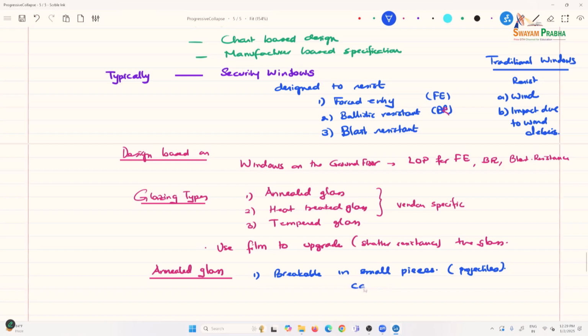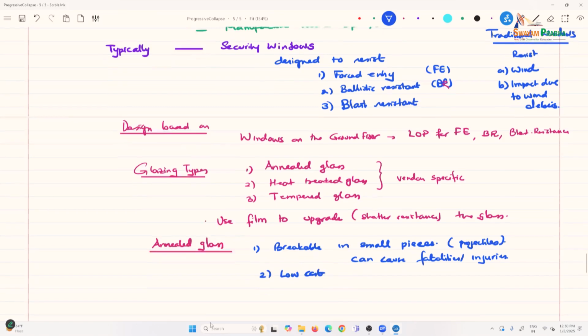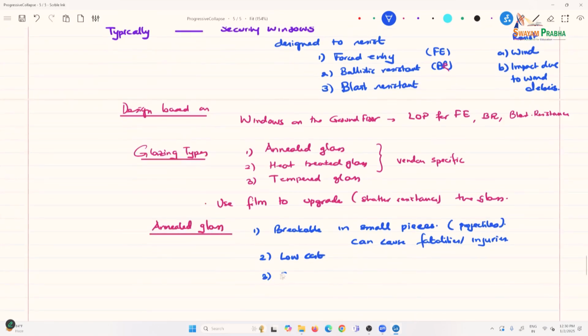So annealed glass can cause fatalities or injuries. Of course, it is low cost, and another feature of it is that it is easy to cut. So you can use annealed glass with film because it is low cost.